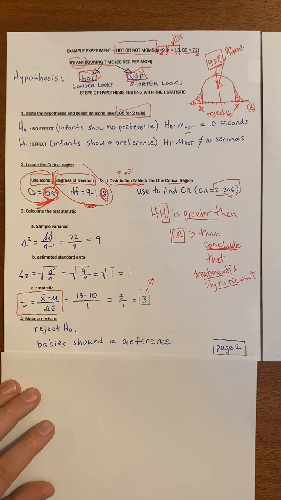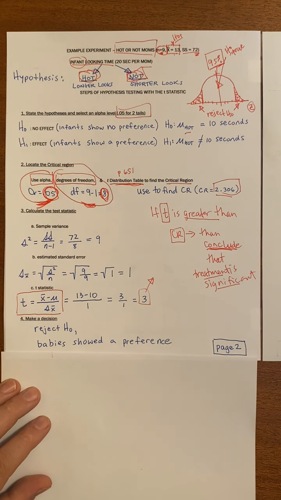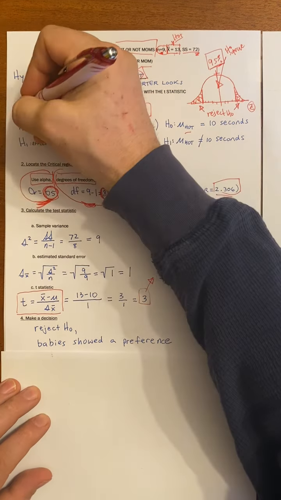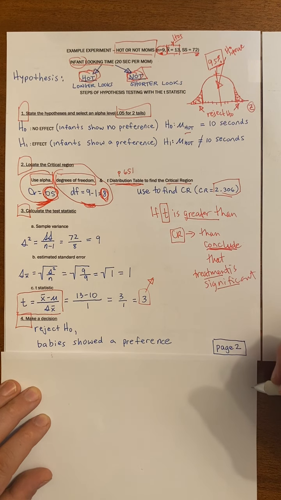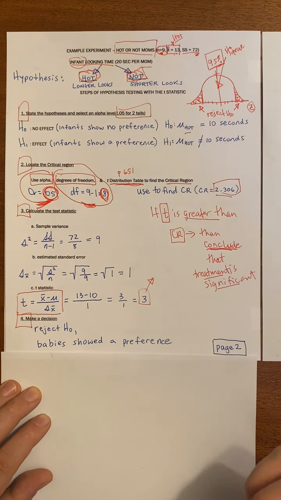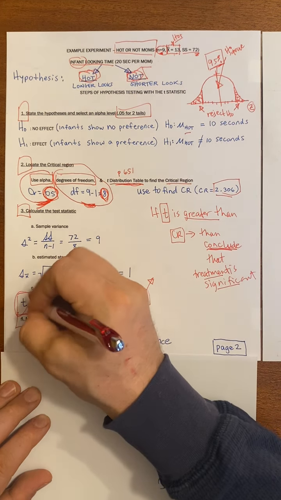Okay, so with that, we've just gone through the four-step hypothesis testing process when you are calculating significance using the t statistic. From here, I want to add a couple of additional comments.